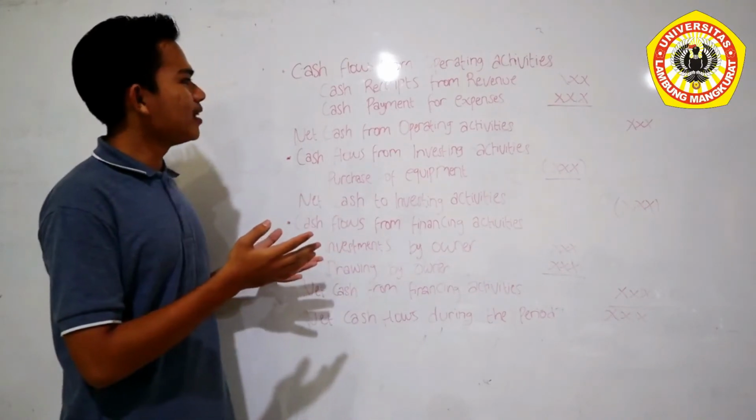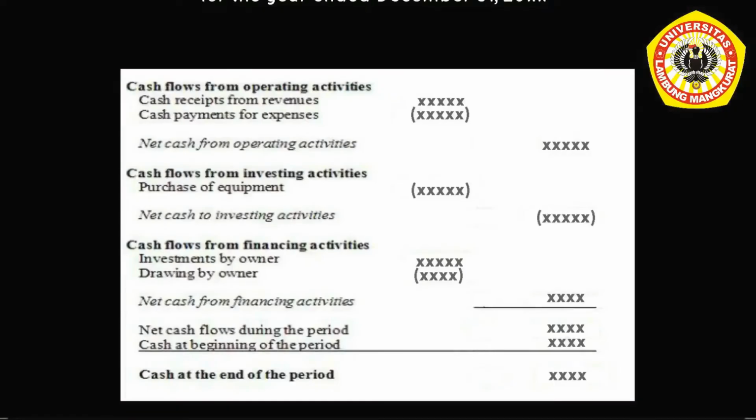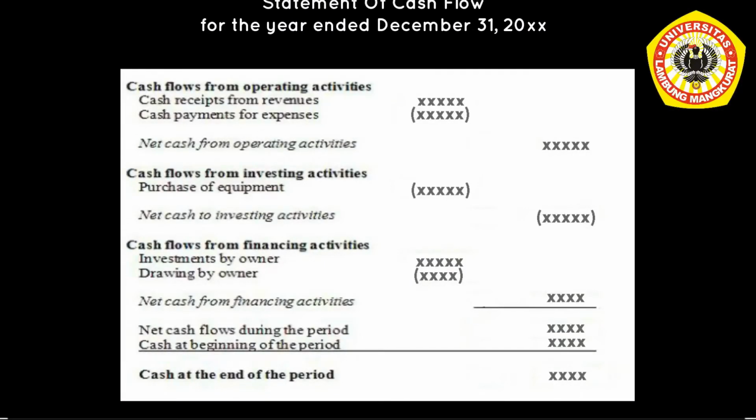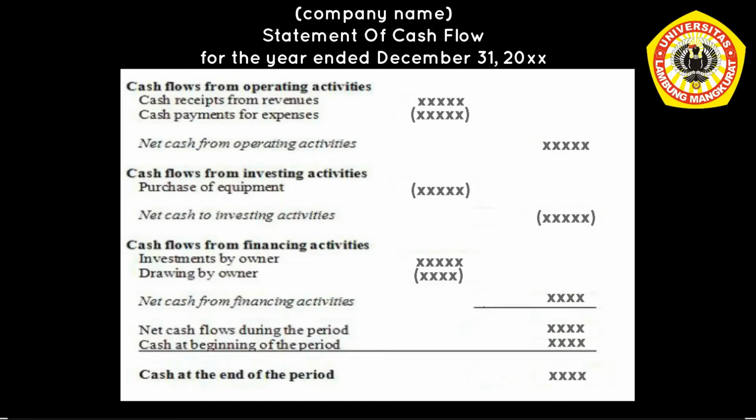This is an example of a statement of cash flow. First, cash flow from operating activities, where we have cash received from revenues minus cash payment for expenses to give net cash from operating activities. Second, cash flow from investing activities, where we have purchase of equipment.